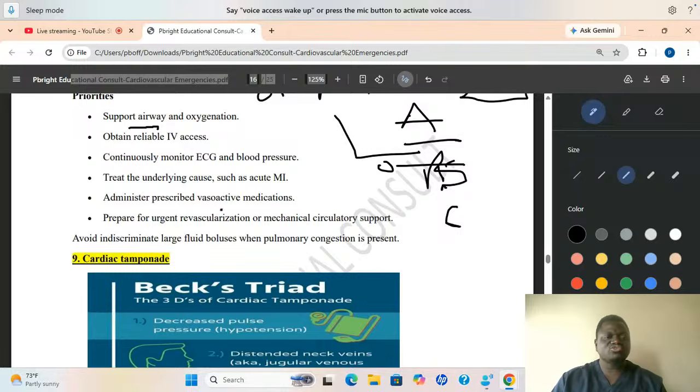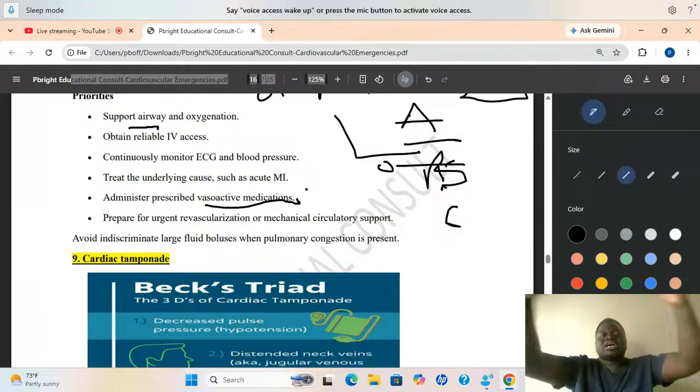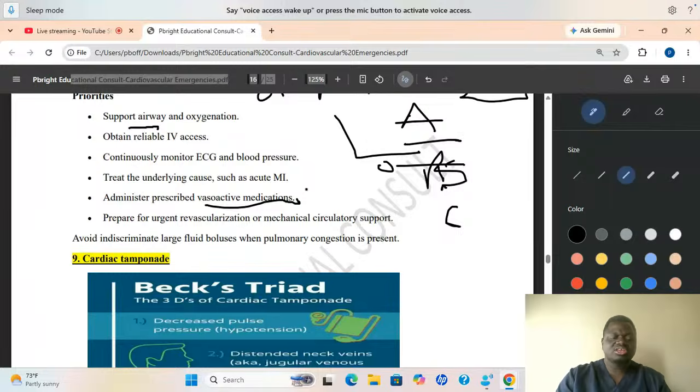Administer prescribed vasoactive medications, to squeeze the blood vessel like your ephedrine, so that blood pressure will shoot up. Yes, the vasopressors and the norepinephrine. So you give all those ones. Prepare for urgent revascularization or mechanical circulatory support.